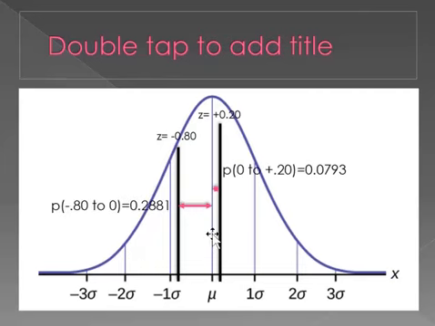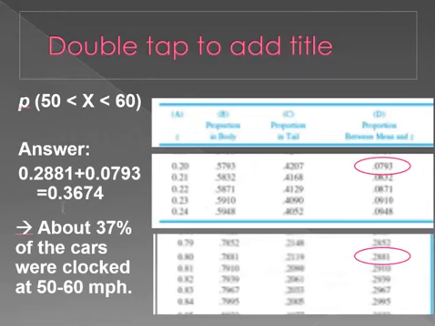And when we look those values up in our table, we find the proportion of scores between negative 0.80 and 0 is 0.2881, and the proportion of scores that fall between 0 and plus 0.20 is 0.0793. If we sum them up, we get a proportion of 0.3674.